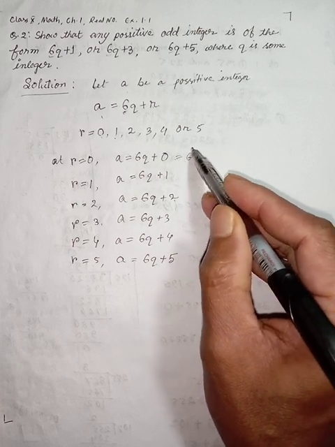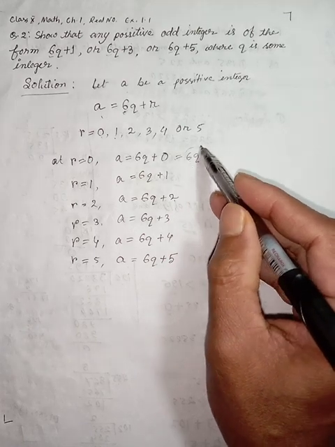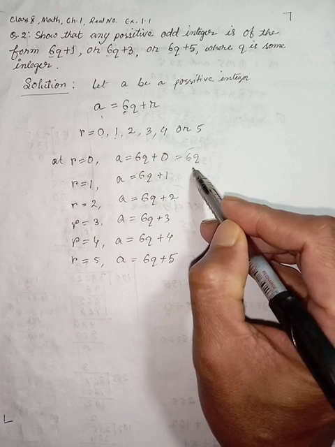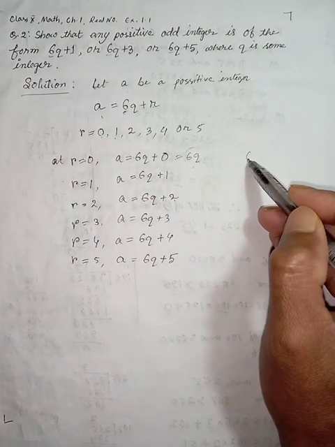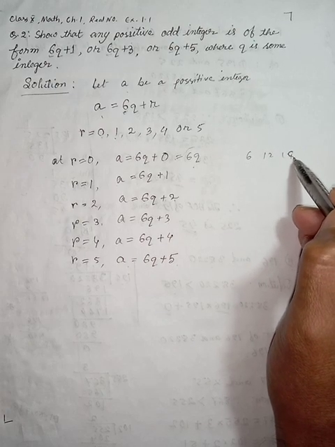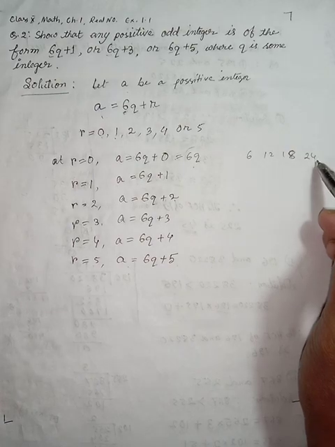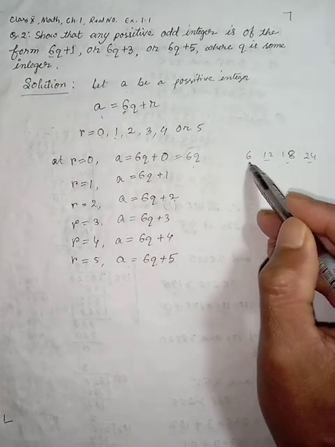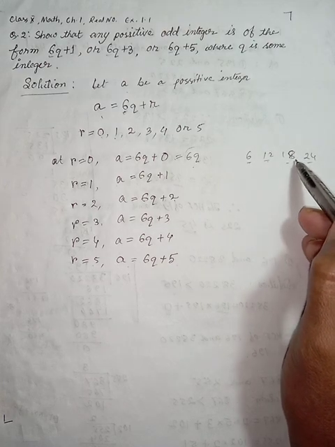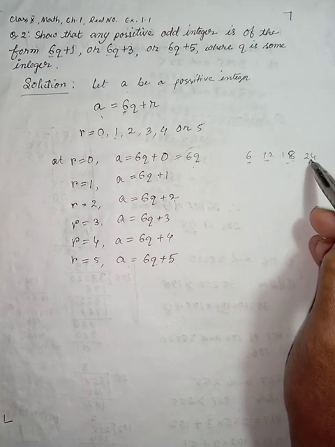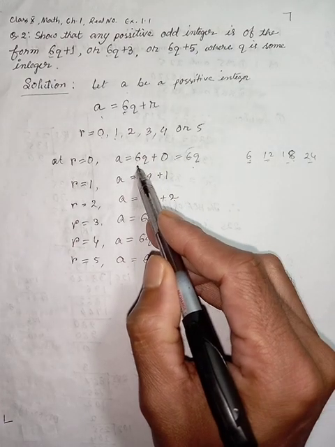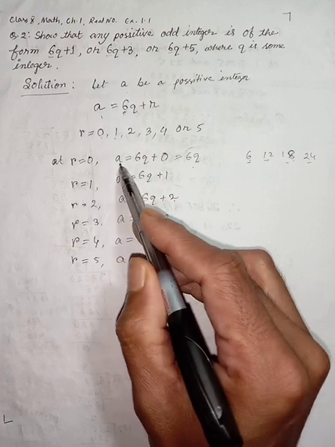That is, it is a multiple of 6. Just remember any multiple of 6: 6 times 1 is 6, 6 times 2 is 12, 6 times 3 is 18, 6 times 4 is 24. All these multiples of 6 are divisible by 2, so all these are even numbers. So 6q plus 0 is an even number.